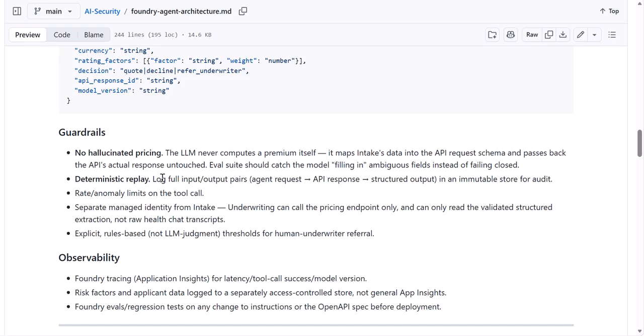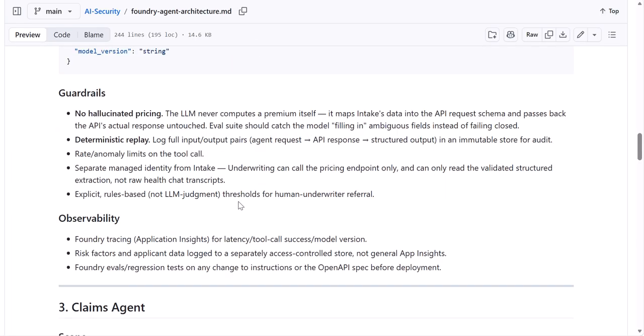Okay. So the guardrails we should put here: no hallucinated pricing. It should never compute the premium itself. It should always map the intake data into an API request, pass it through the required API, evaluate, and then give a pricing, but not directly by itself.